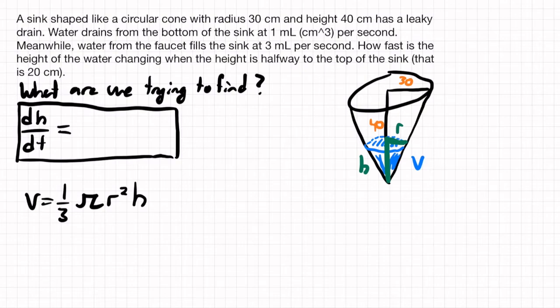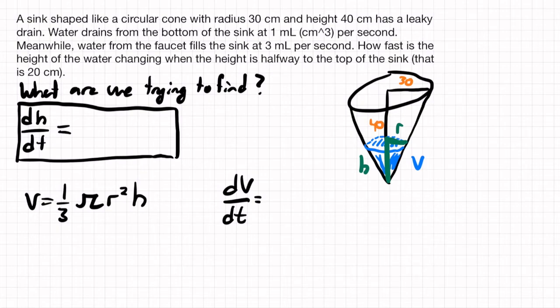And so why is the volume important? Well, if we look at the problem statement, we're talking about how many milliliters per second. That's volume per second. That's exactly dV/dt, the change in volume over time. So what is the change in volume over time?